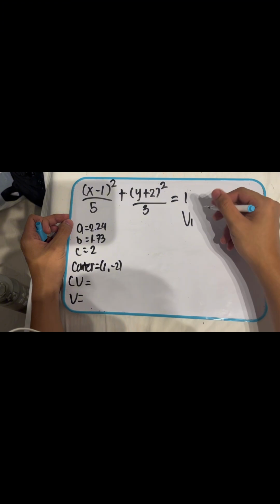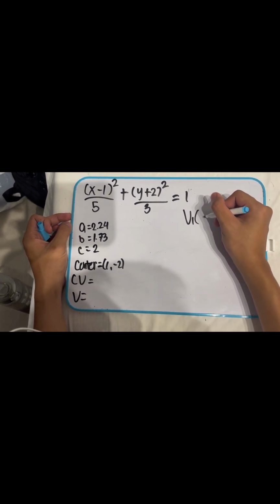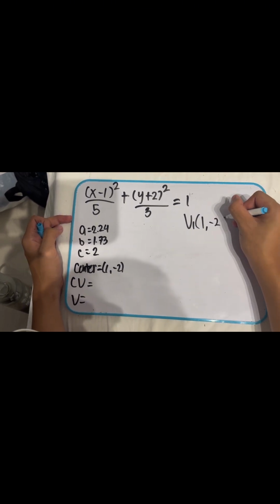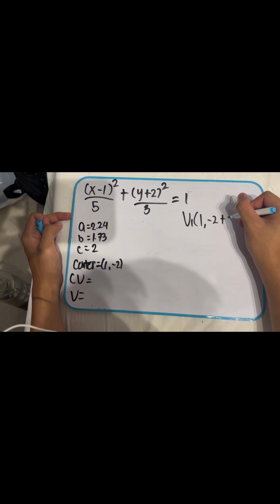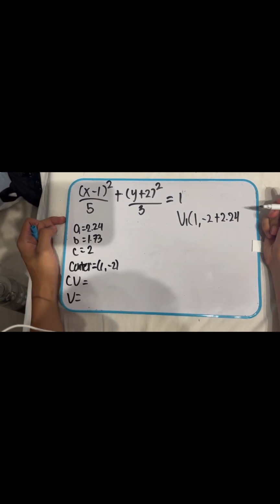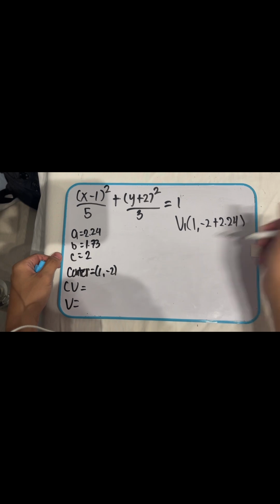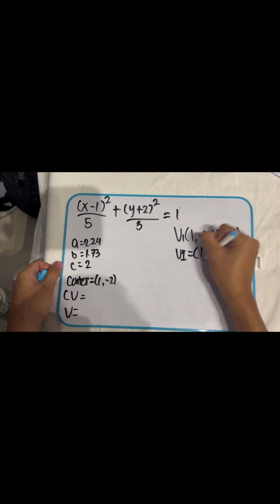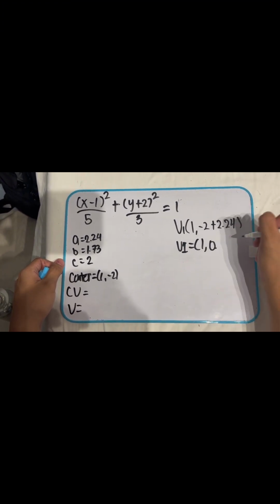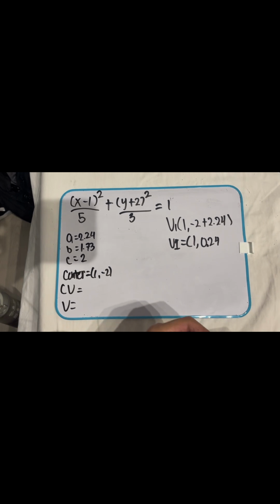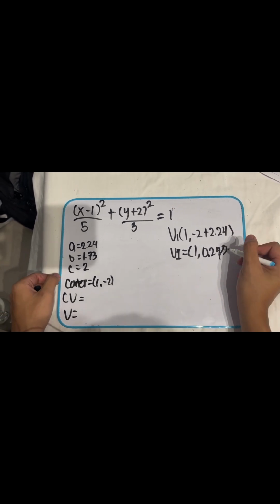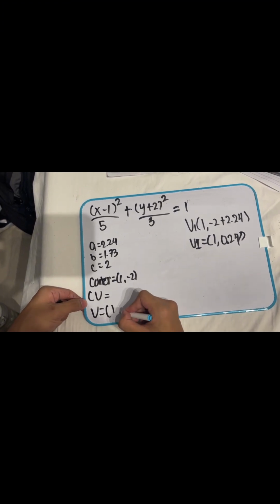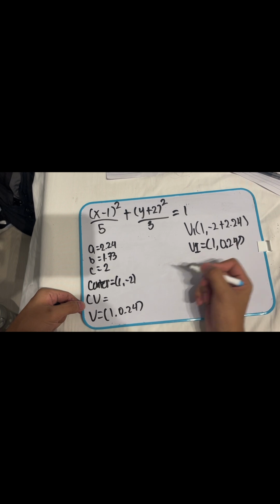When we write it down, V1 equals 1 and negative 2 plus 2.24. V1 equals 1 and 0.24. So that's the value of our vertex. One of our vertices is 1 and 0.24.